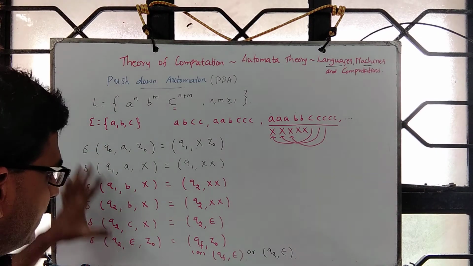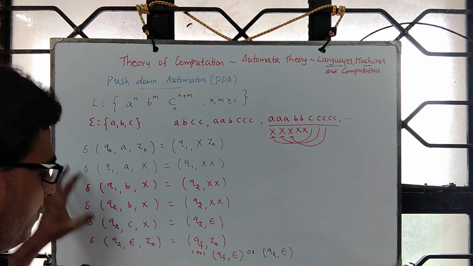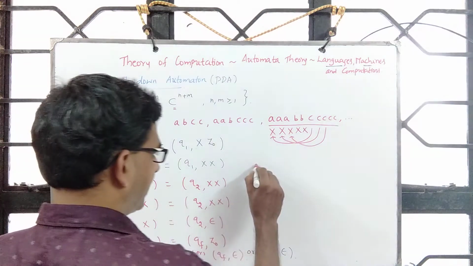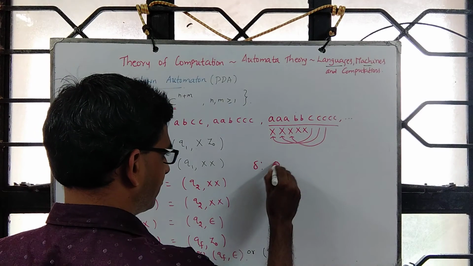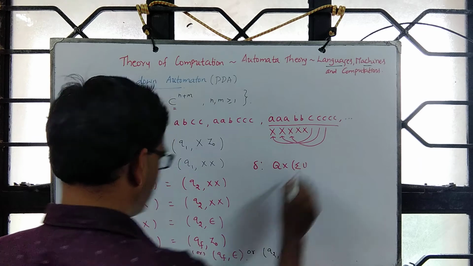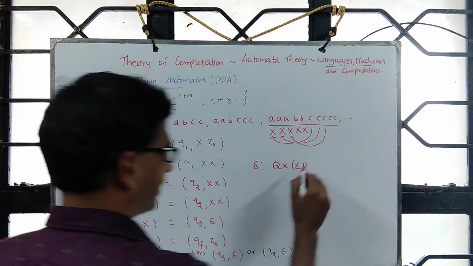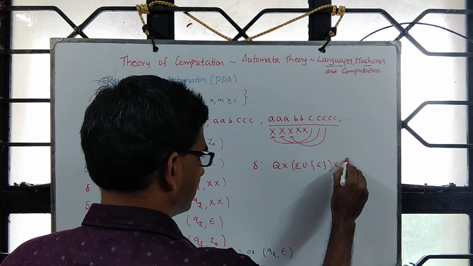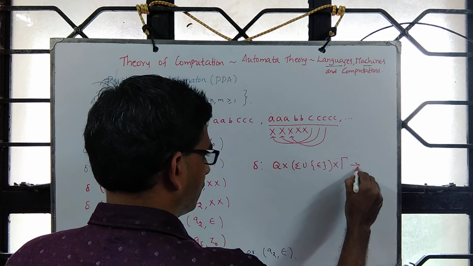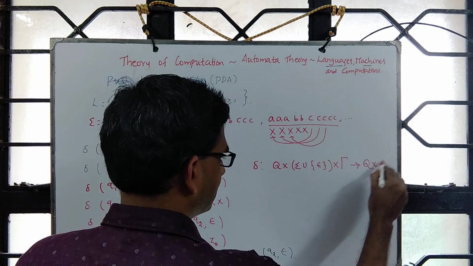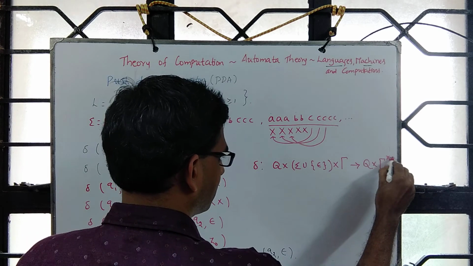Fine, so I am not listing those and one has to fill that as well. So this clearly tells you that delta is a transition function from Q cross sigma union epsilon cross gamma to Q cross gamma star.